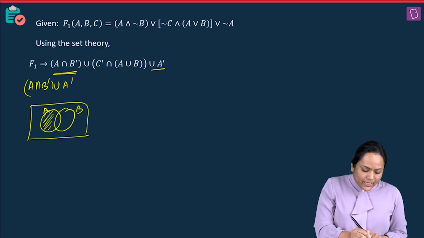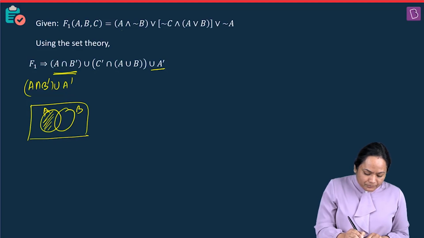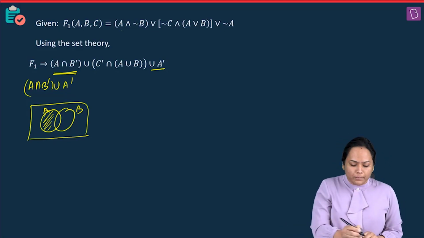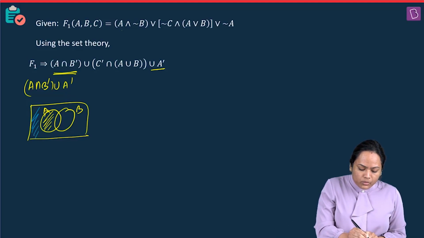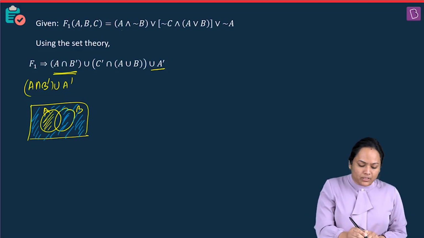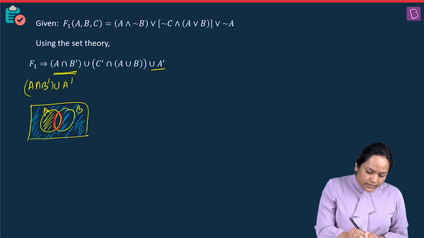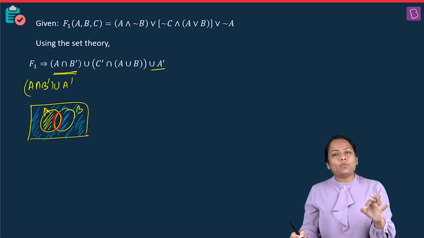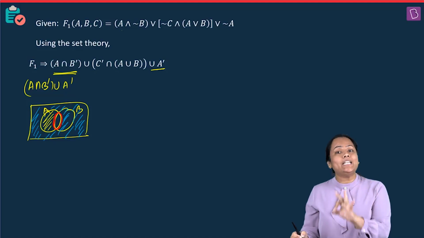When I combine it with my union of A complement, which gives me this entire blue region except A, I have everything except this smaller part which is left out, and this smaller red part is nothing but A and B.